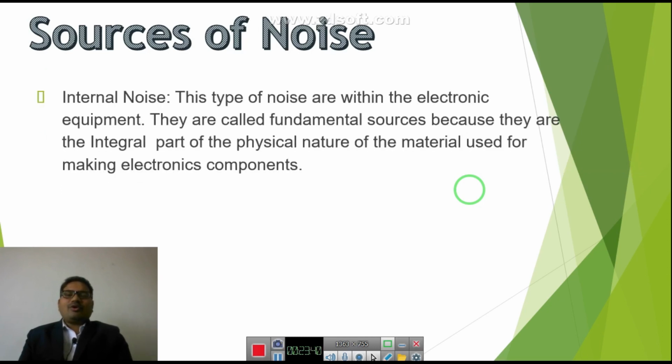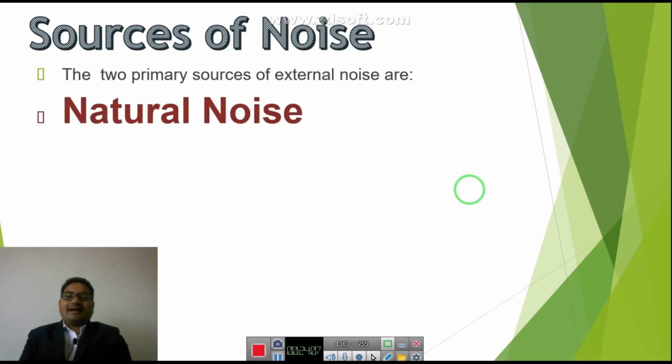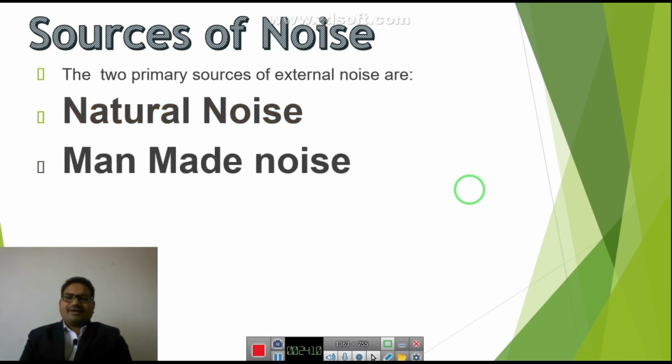The next type of noise is called internal noise. This type of noise arises within the electronic equipment itself. They are called fundamental sources of noise, or fundamental noise, because they are an integral part of the physical nature of the material used for making electronic components. The two primary sources of external noise are natural noise and man-made noise.